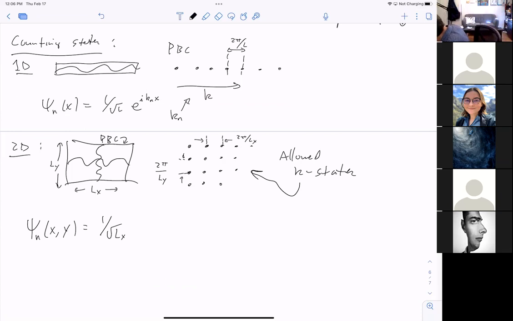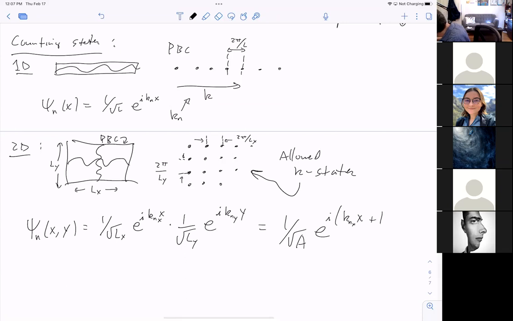So I have 1 over square root of Lx times e to the i k_nx x, times 1 over square root of Ly times e to the i k_ny y, and that's going to equal 1 over the square root of the area of the 2-dimensional crystal times e to the i (k_nx x plus k_ny y).